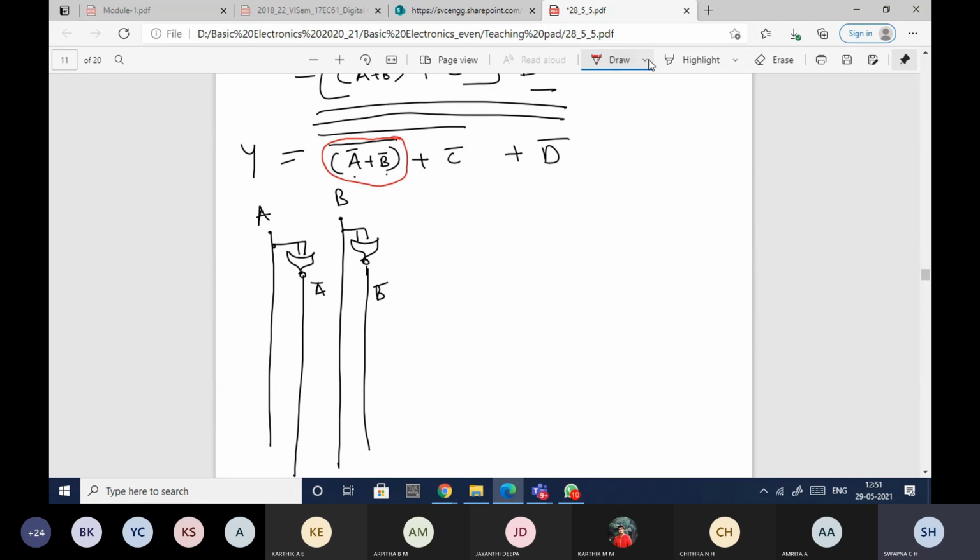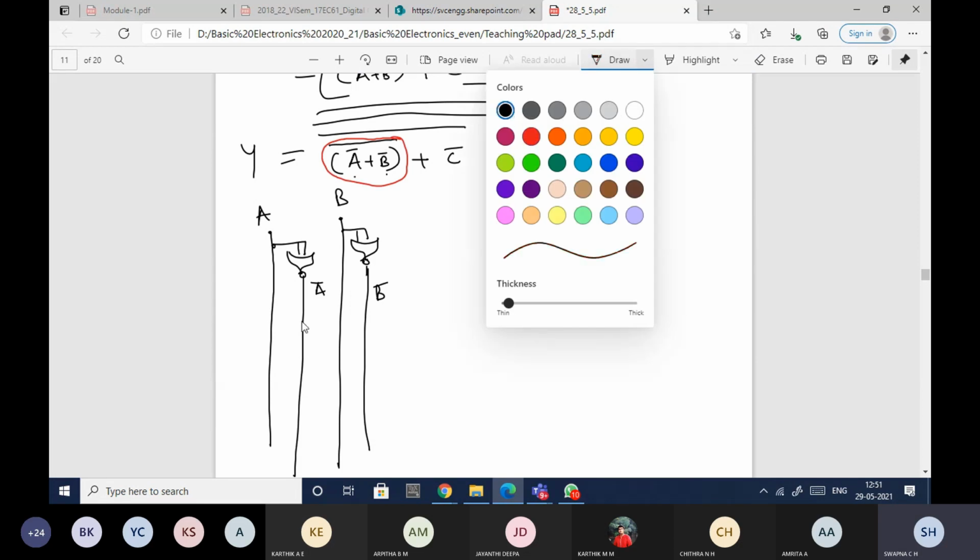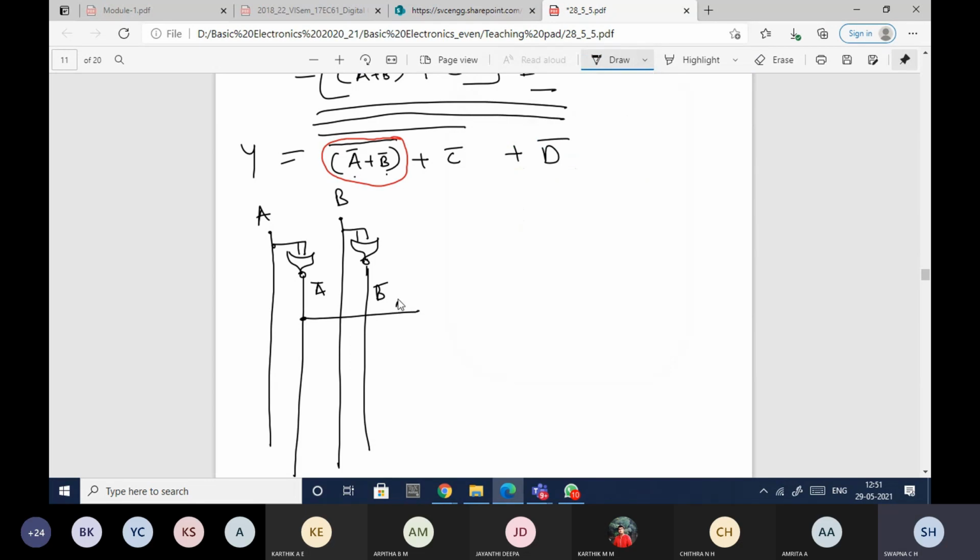So that can be obtained as A bar, B bar. Give it to the NOR gate so that we'll get A bar plus B bar whole bar. Next, again I need to get plus C bar whole bar.